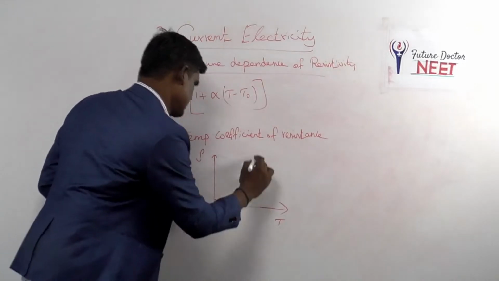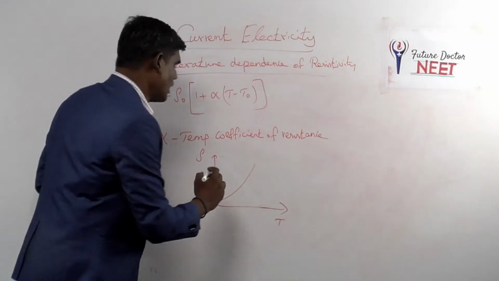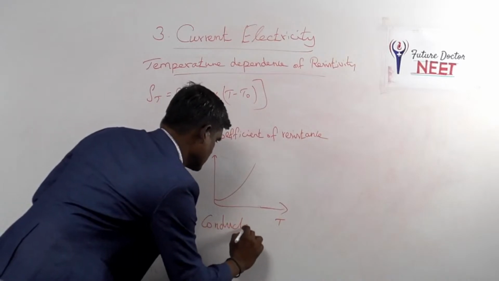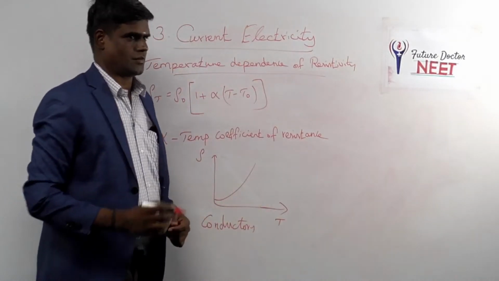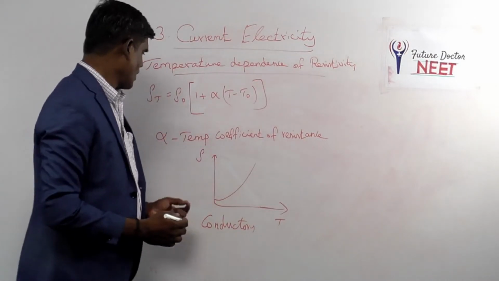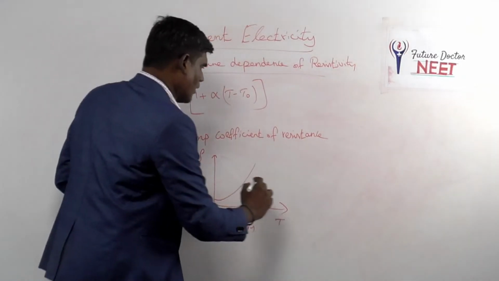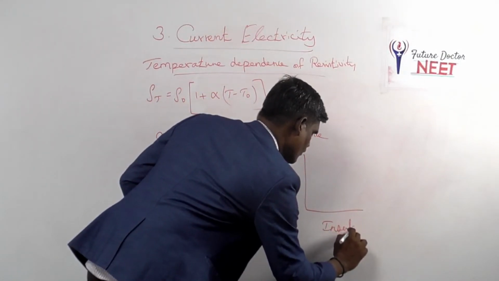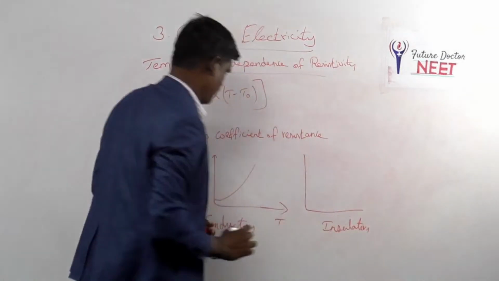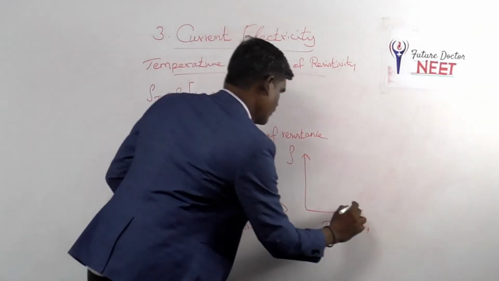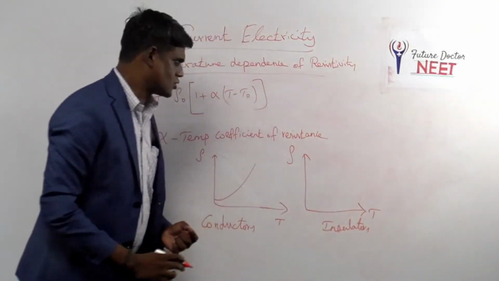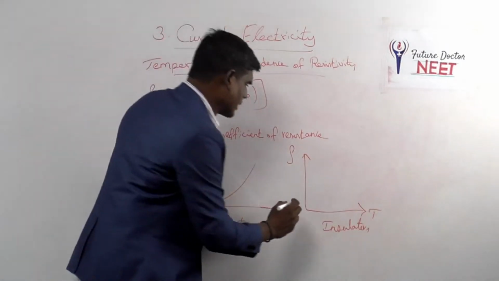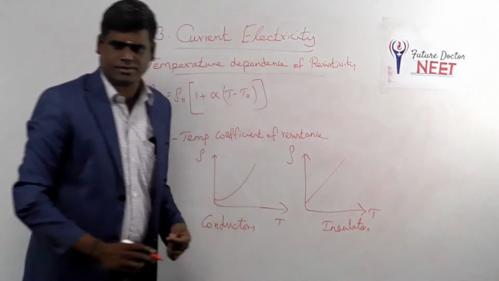That may be like this. This is for conductors. For conductors, this will happen. And for insulator, when temperature increases, resistivity also increases linearly like this.